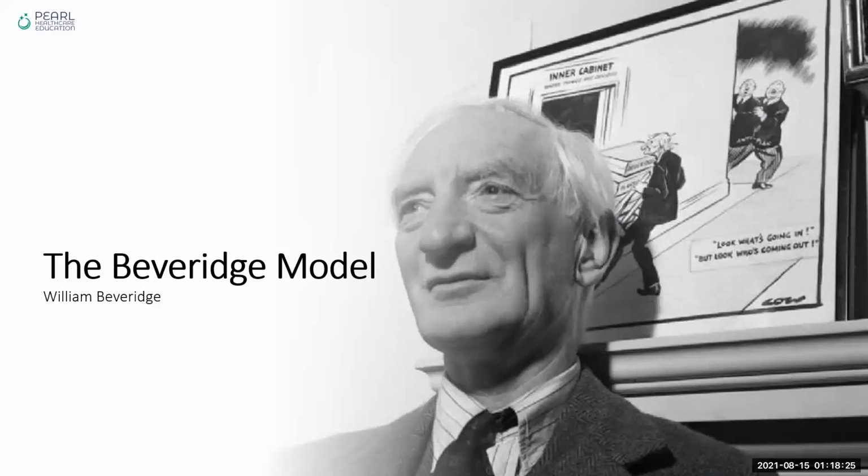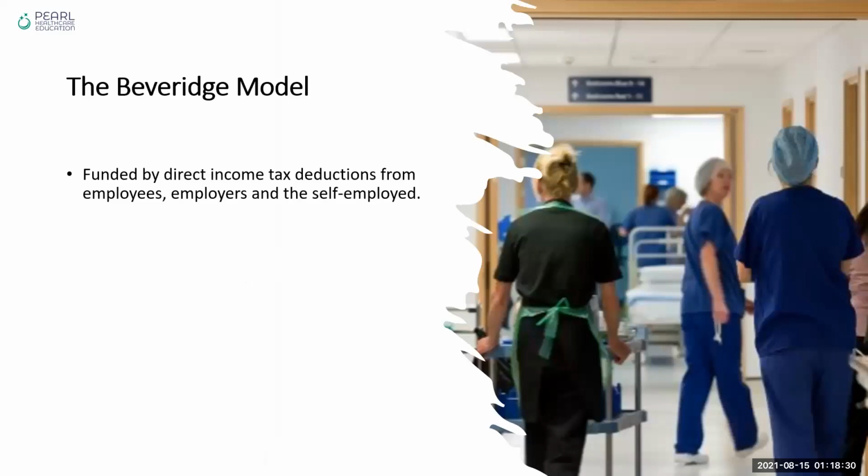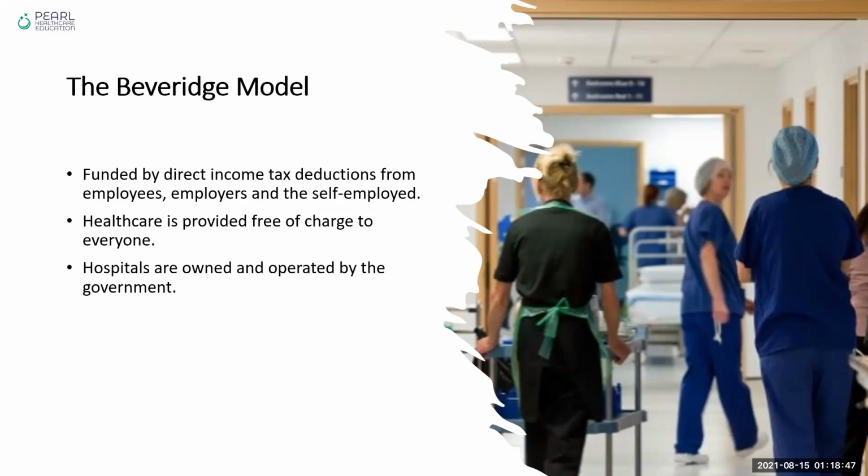The Beveridge model was proposed by William Beveridge, and in this model, the healthcare organizations are funded by direct income tax deductions from employees, employers, and the self-employed people who are working in any country. Healthcare is provided free of charge to everyone living in that country. Hospitals are owned and operated by the government.